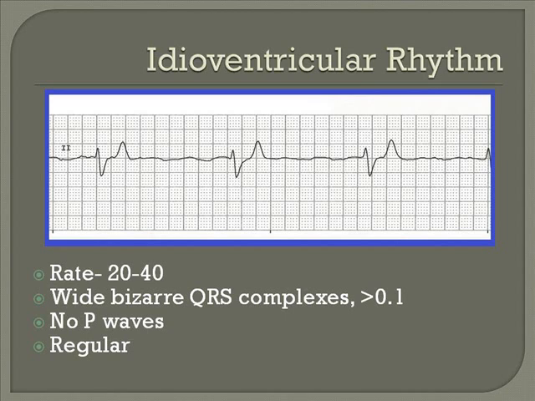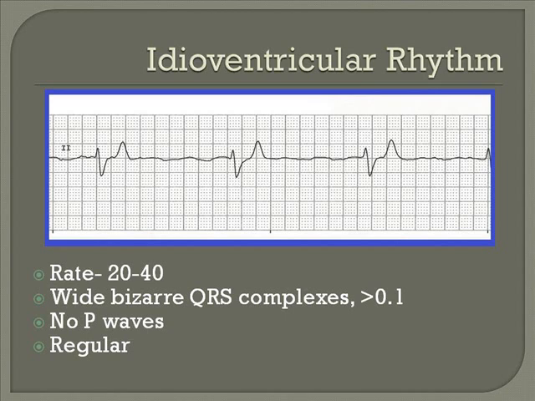That is how we would differentiate it from the junctional rhythm. Well, it is still regular, but it has the wide QRS complexes. This person is probably not going to be tolerating this for very long. If they happen to feel fine, it's probably not going to last long, and they probably have some blood pressure issues with this.